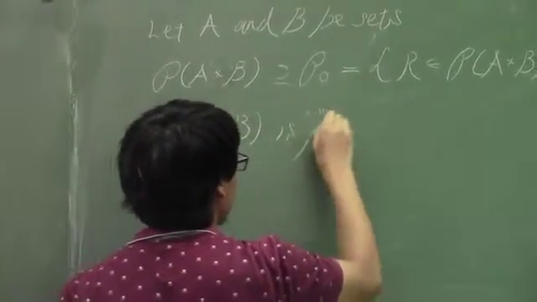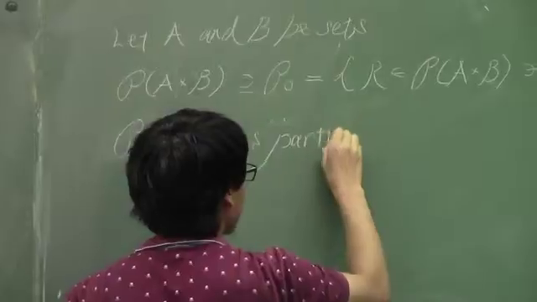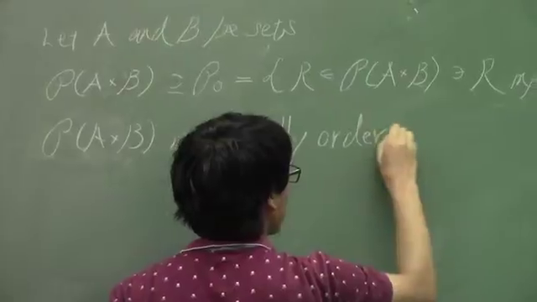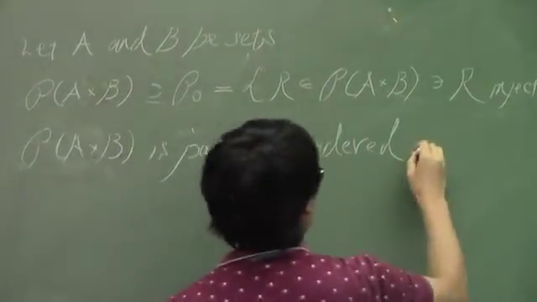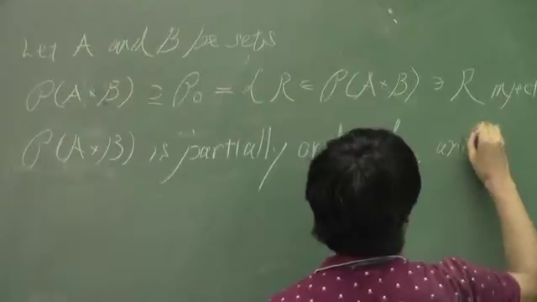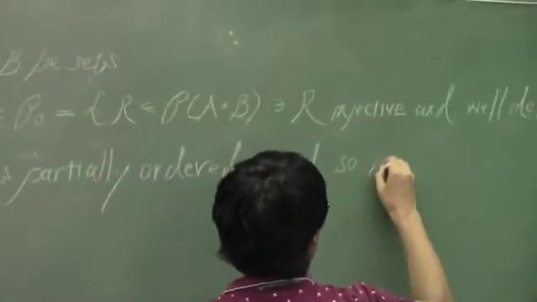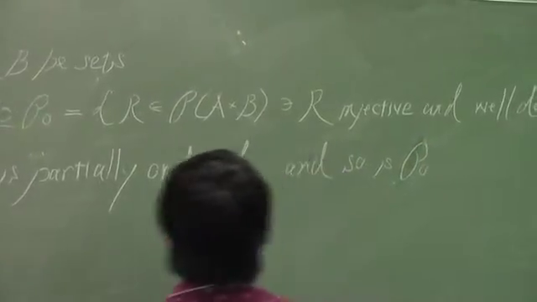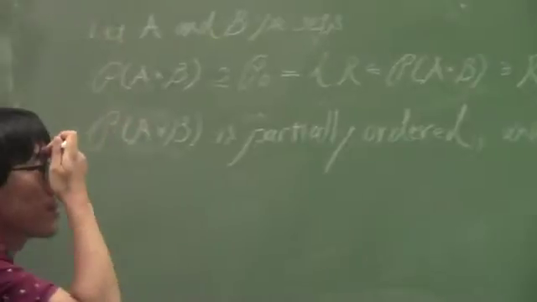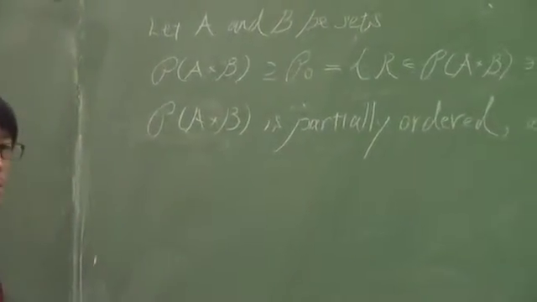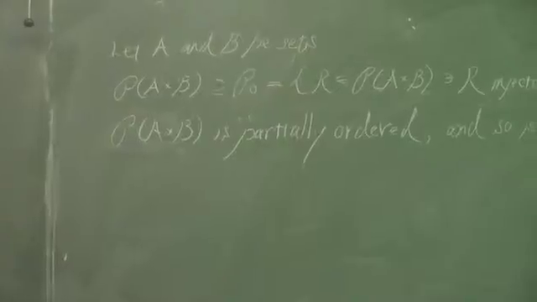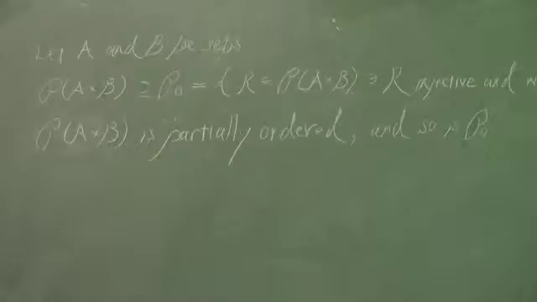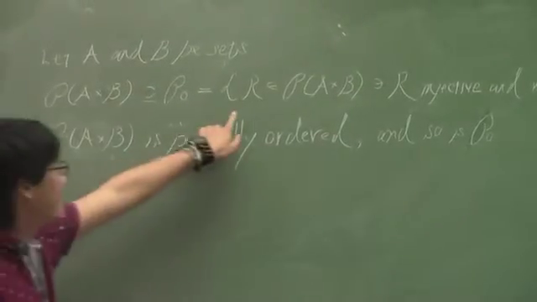And so is P0, right? Every subset of a partially ordered set is partially ordered, right?